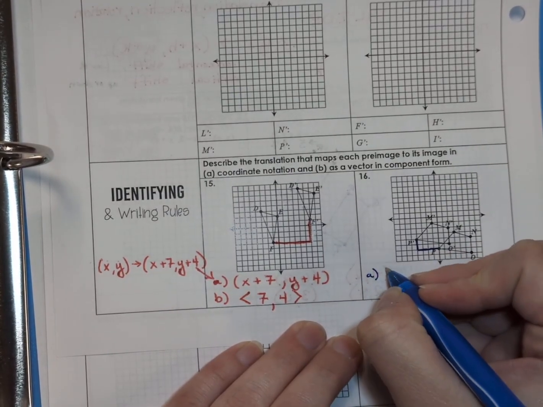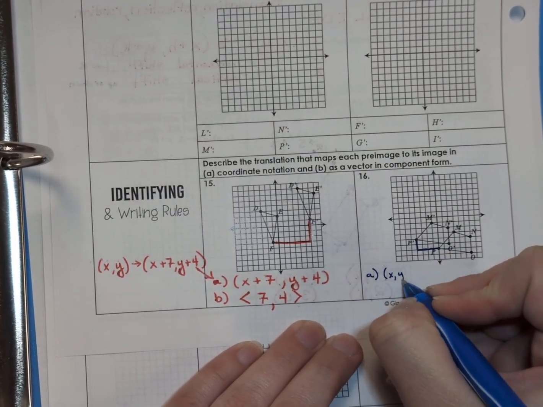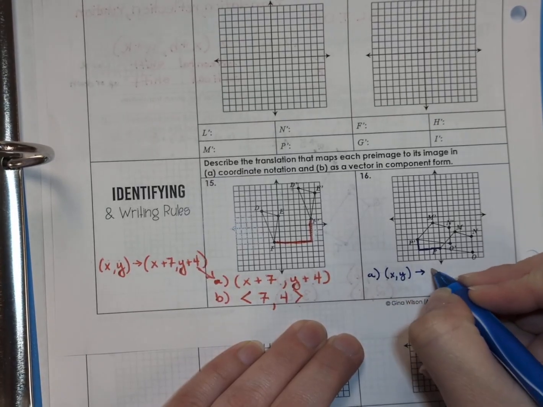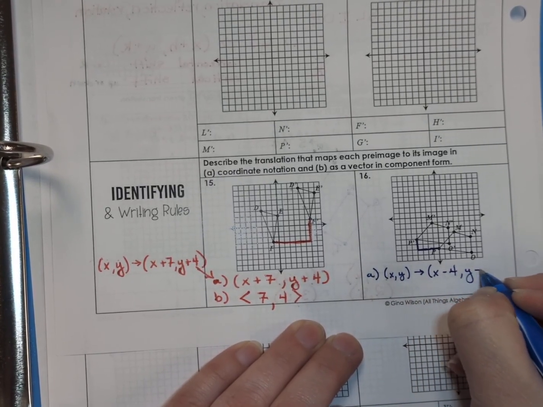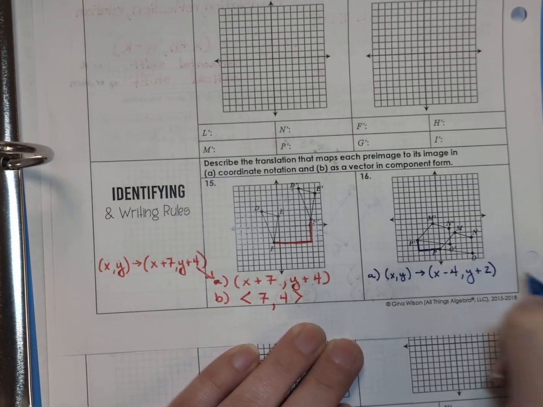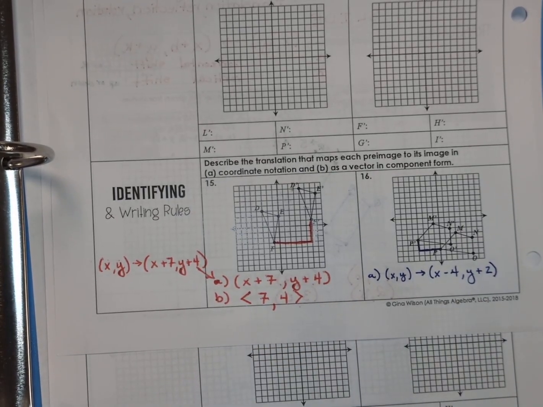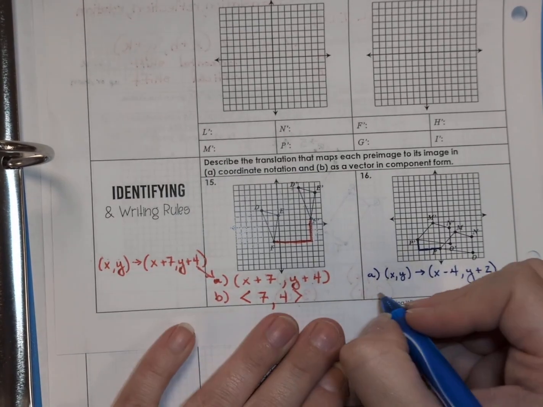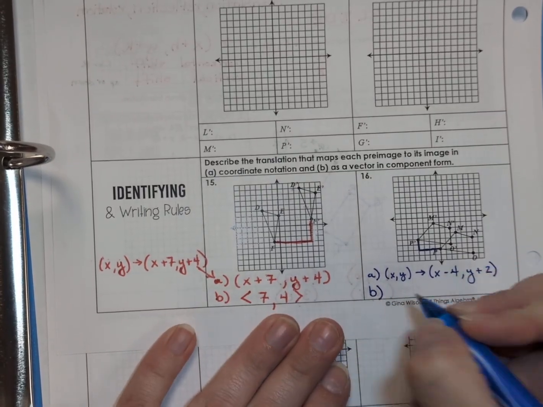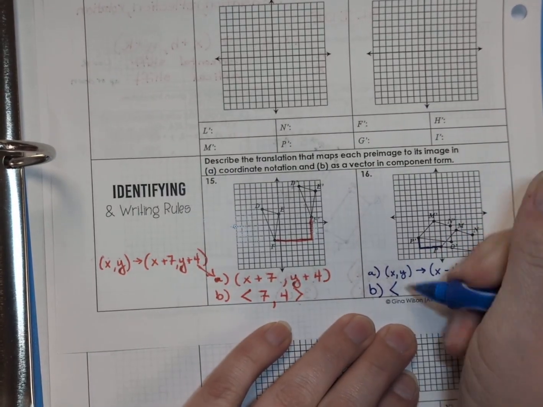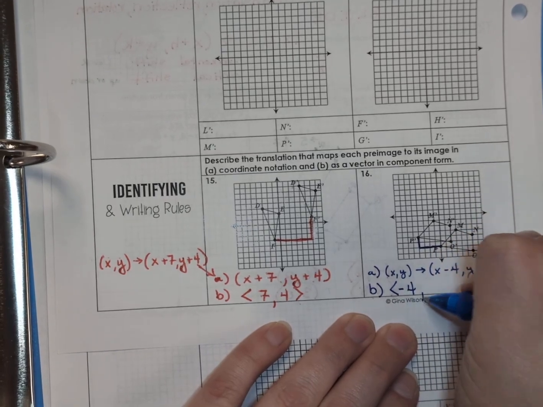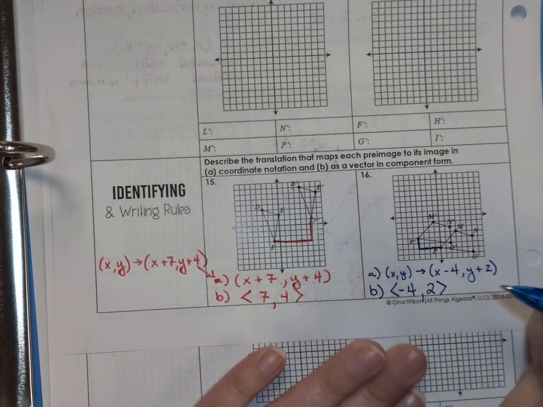X minus 4, comma, y plus 2. Yay. Parentheses. Alright, how do we do vector? The pointy parentheses. And then -4, 2. Good.